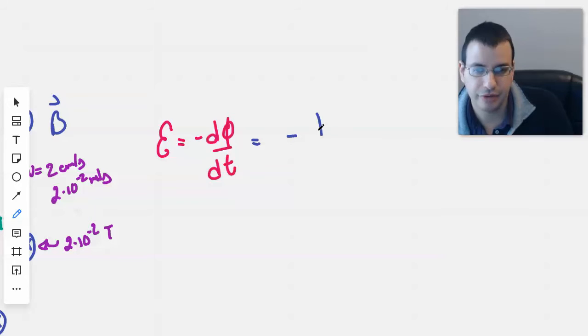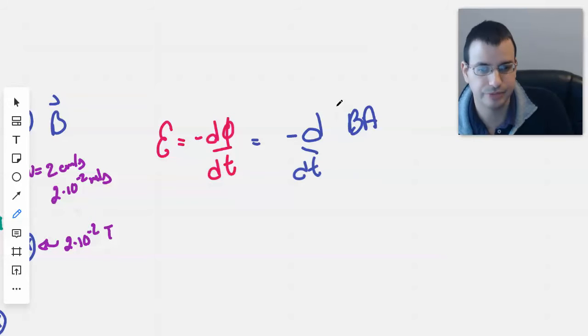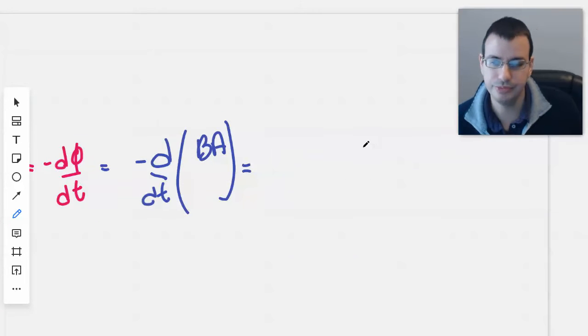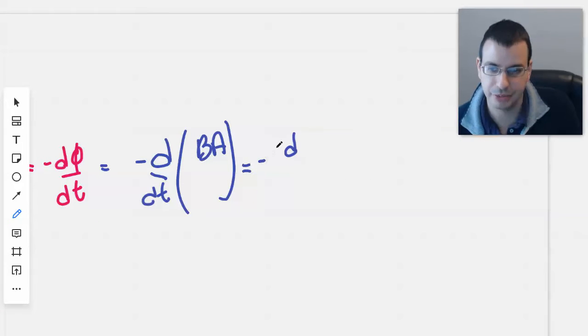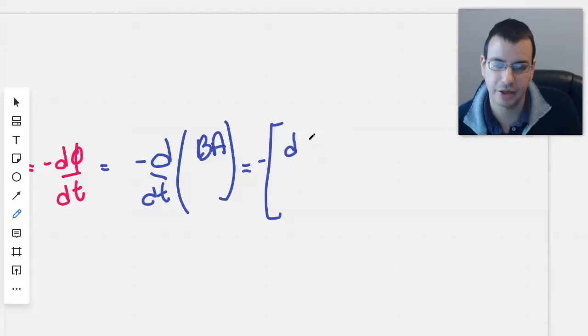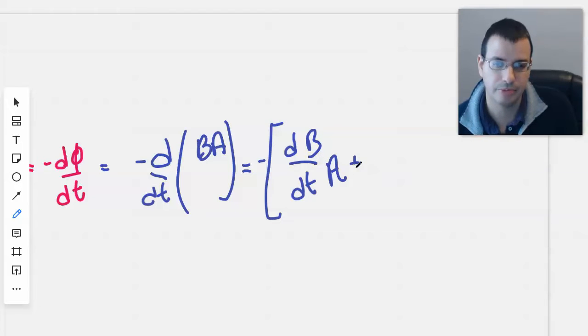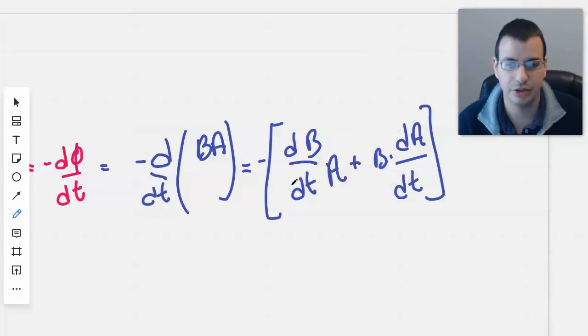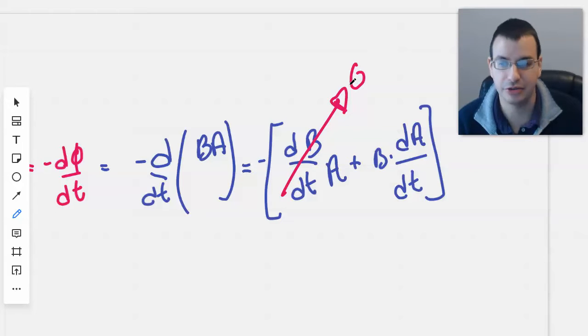So negative change in B times A over dt. Here we're going to have to use the product rule. So put a negative sign out here, make a bracket: change in the magnetic field with respect to time times area, plus magnetic field times change in area with respect to time. We know that the magnetic field in this case is constant, so the first term goes to 0.